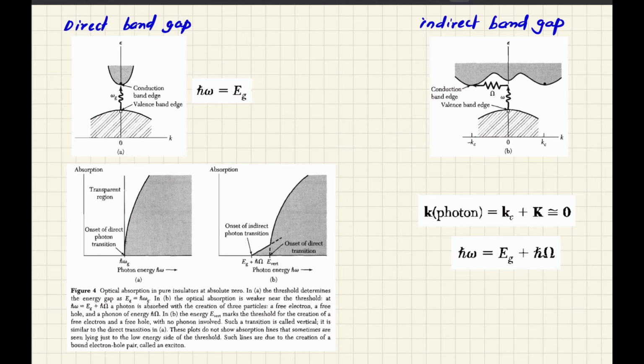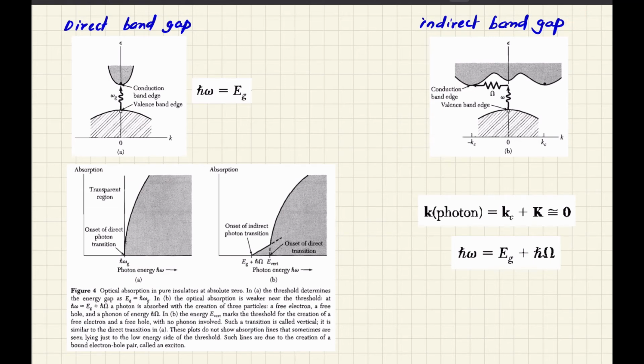That means you have a material where the minimum of the conduction band edge and the maximum of the valence band edge occur at the same value of k. The wave number is the same for the conduction band edge as well as the valence band edge.